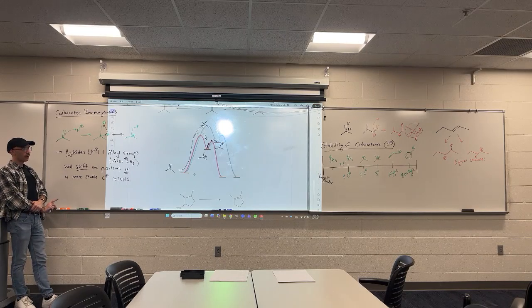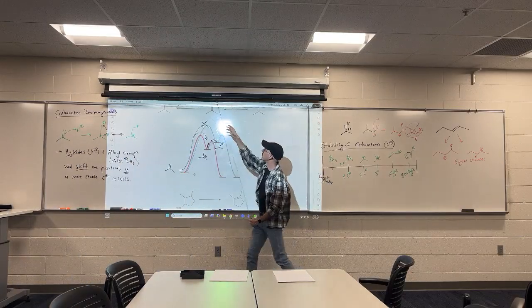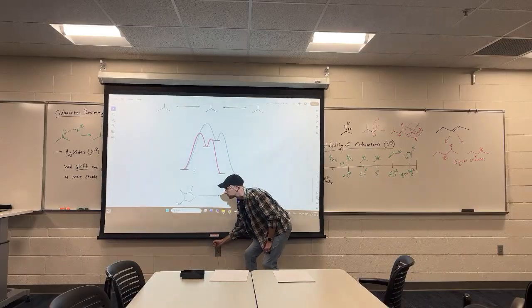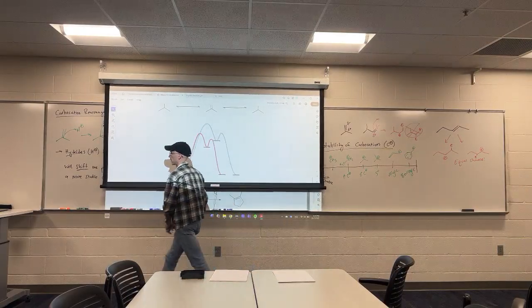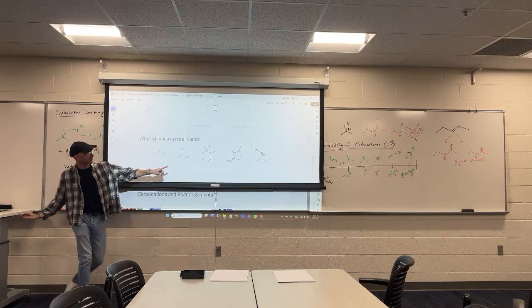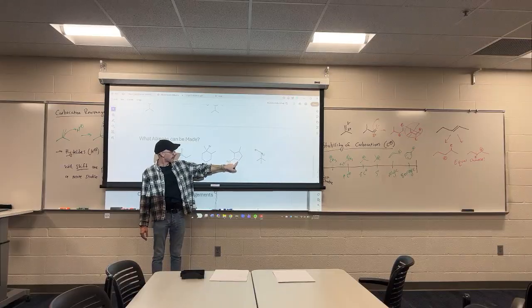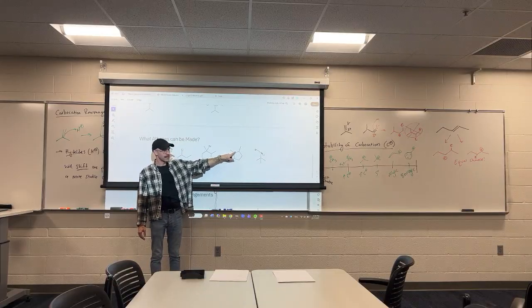Okay, so earlier we were looking at a structure, and we said that there were two possible alkenes that could form. I'm not sure if I want to get rid of this yet, so I want to keep it for right now. We said that this structure could form two possible alkenes, an alkene here and an alkene here.